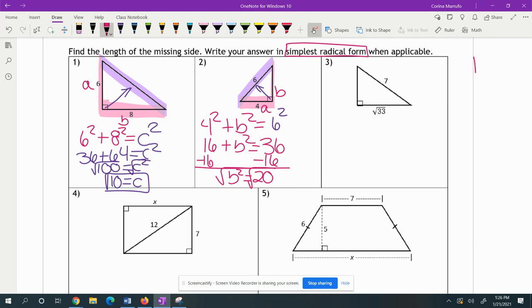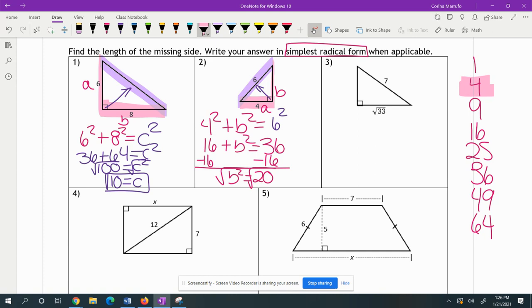So you have 1 squared is 1, 2 squared is 4, 3 squared is 9, 4 squared is 16, 5 squared is 25, 6 squared is 36, 7 squared is 49, 8 squared is 64. I don't think we're going to have to go all the way up to there. But when we look at these numbers, we see which one of these is a factor of 20. Well, 4 is a factor of 20.